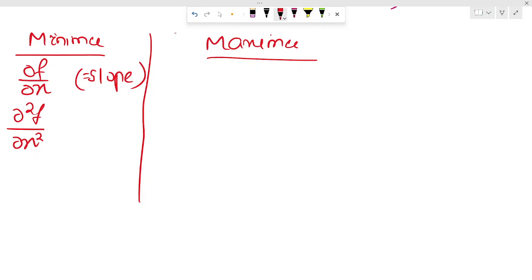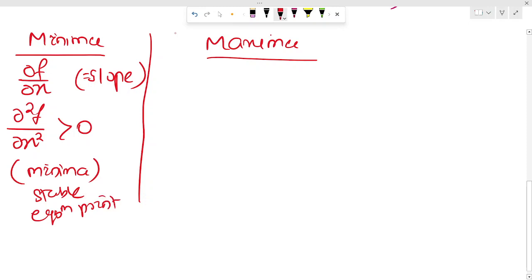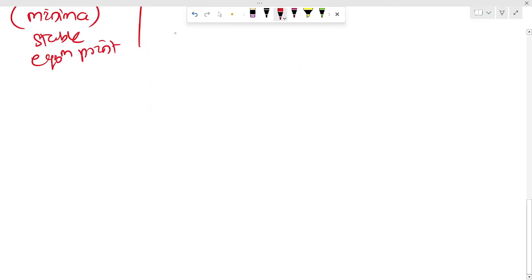If at that point the value of del square f divided by del x square is greater than 0, then that point is known as the minima, which is also known as the stable equilibrium point. Let me suppose here is the minima point, this is P, then this one is the stable equilibrium point.